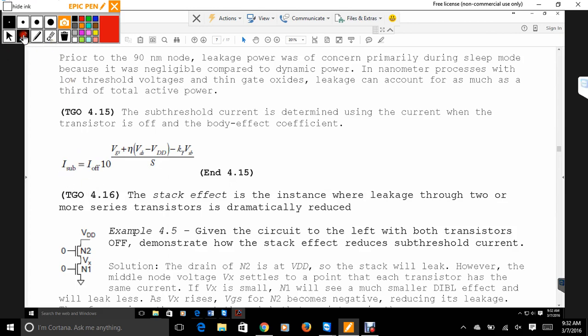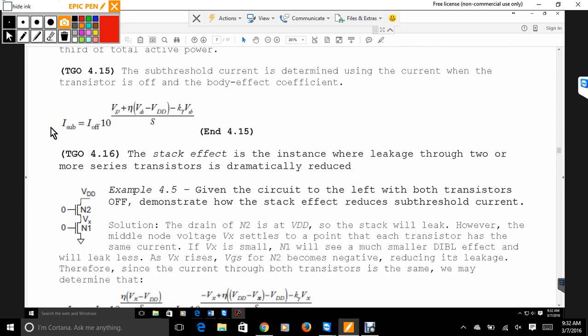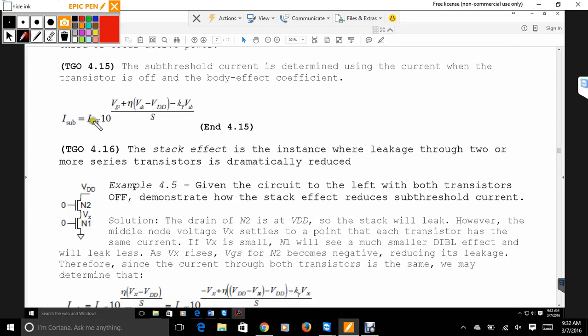But the next concept we are covering is stack effect. So the idea behind stack effect is what happens when you start having this leakage current going through multiple transistors, right? So we know that we have to put a 1 on the NMOS transistors to turn it on. So in this particular example, we have our transistors off.